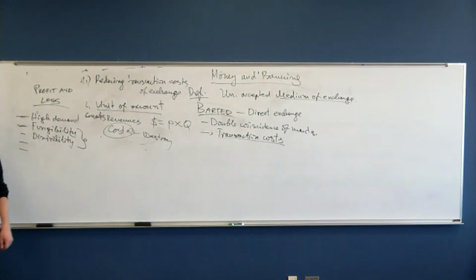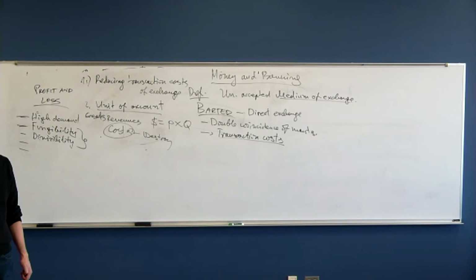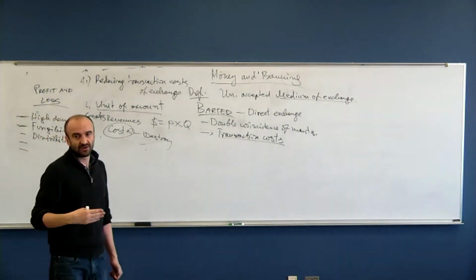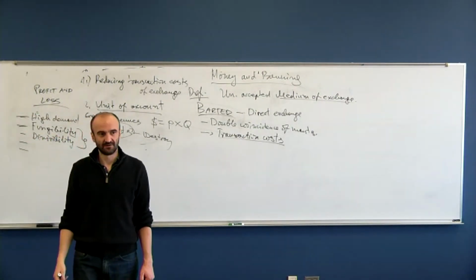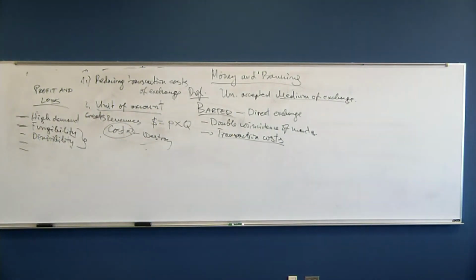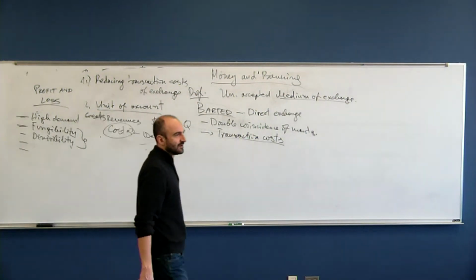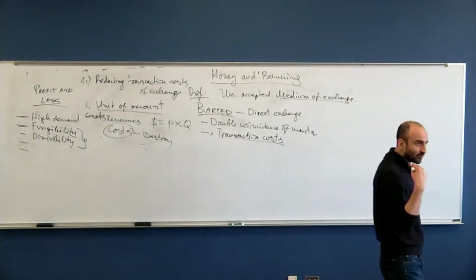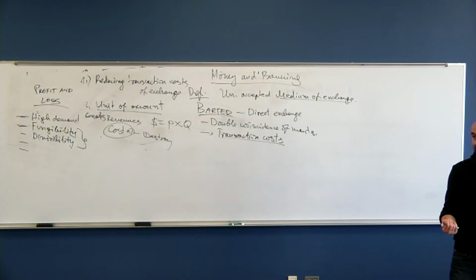Then divisibility. That means that it could be broken down easily and cheaply into equal units of measure. Why is that important? Why is divisibility important? Both of these are important for the accounting function.